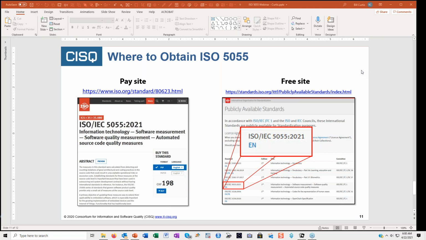So 5055 supplements 25023 by providing product level measures, internal structural measures of the software prior to it being put into operation. So it should be used jointly with 25023, and both of them are based on 25010.